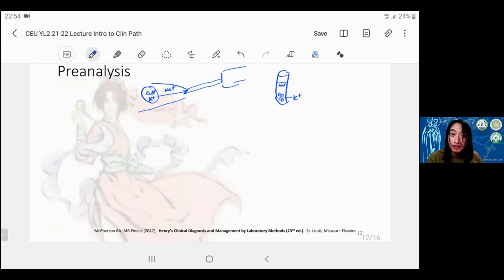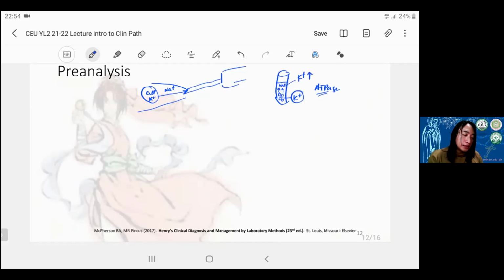And this is driven by your sodium potassium pump, which uses ATP as the source of active transport. So once your ATP is depleted, your potassium would now go out of the cell, making your serum potassium elevated.